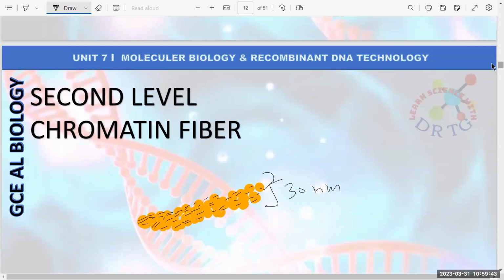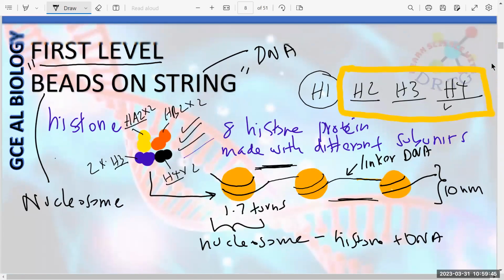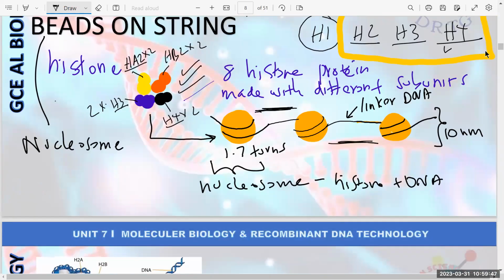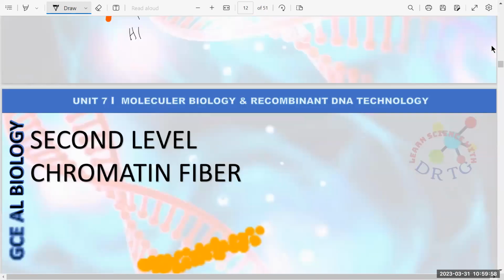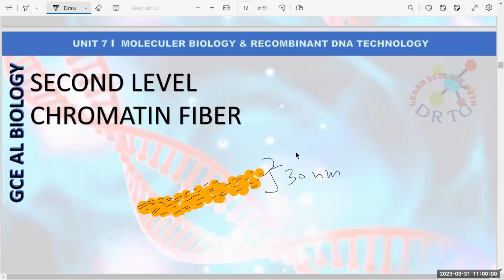Right, just to summarize again 1 and 2. The first one, histone is used to wrap DNA around it to form the nucleosome. In the second level, these nucleosomes are joined together to make the chromatin fiber with 30 nanometers. So these are the chromatin fiber.